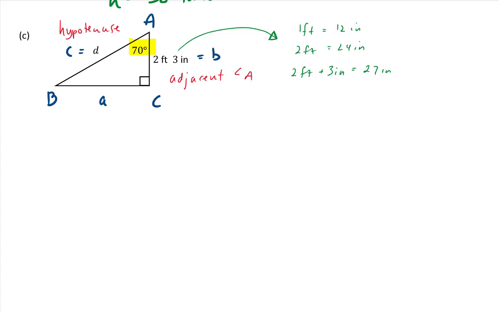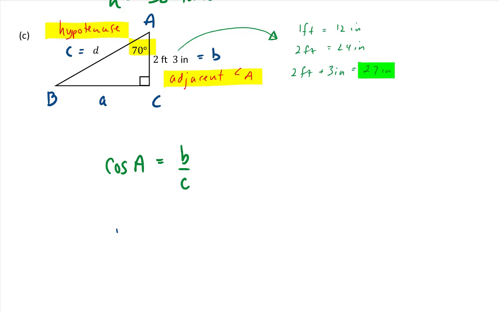So we're going to use this as our value for B. All right, next thing is to pick a ratio. So we have hypotenuse and adjacent. So the only ratio that works for that is cosine. So we have cosine of angle A, that's our angle of focus, is equal to B over C.